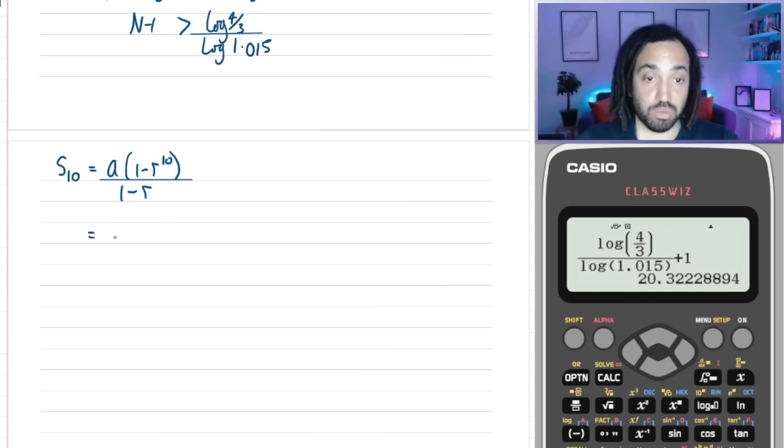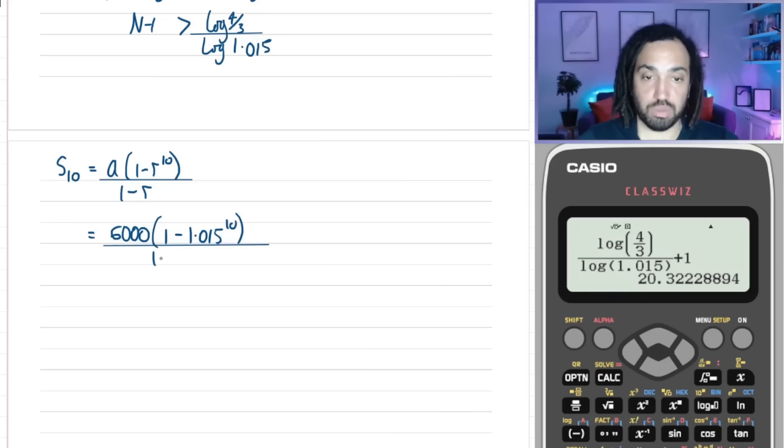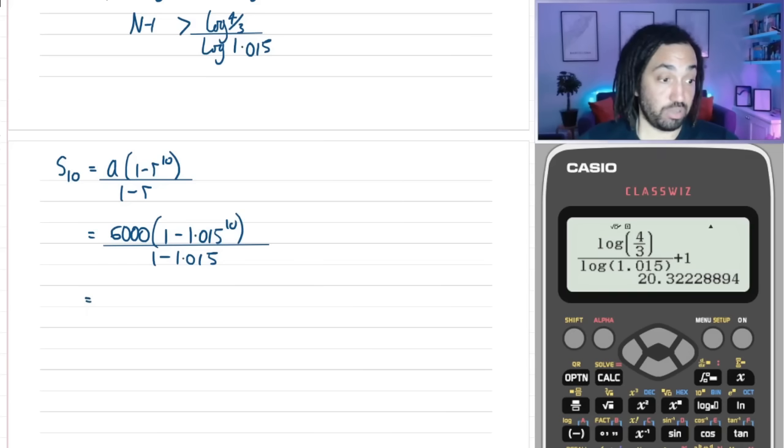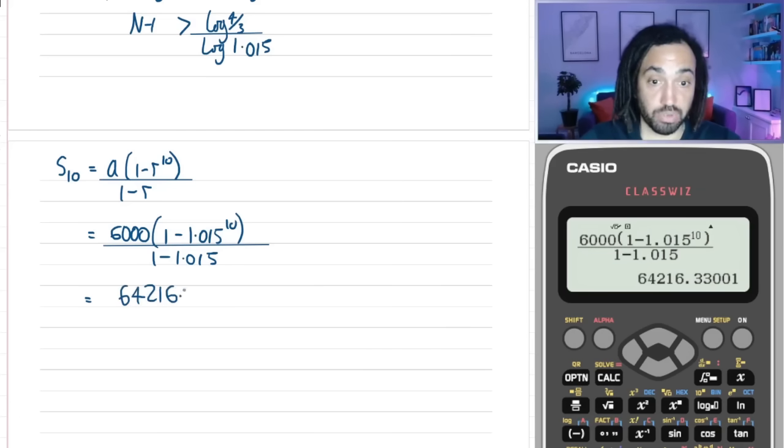So that's going to equal 6,000(1 minus 1.015 to the power 10) all over 1 minus 1.015. Okay, so again that can just go into our calculators. Okay, and that gives us 64216.3, and that is tons of wheat.